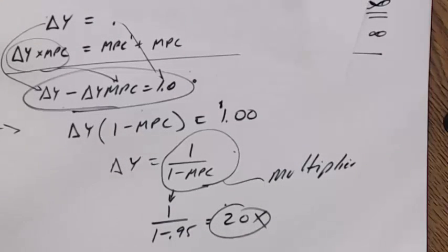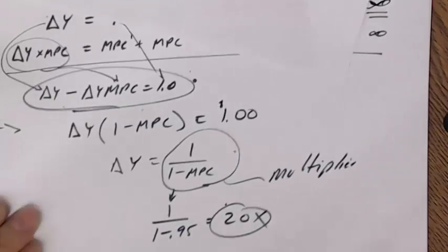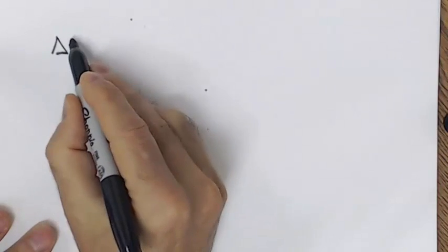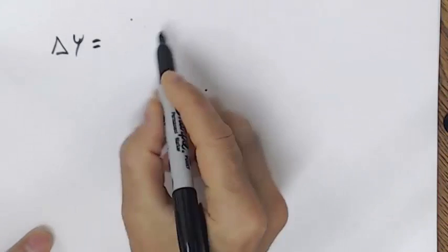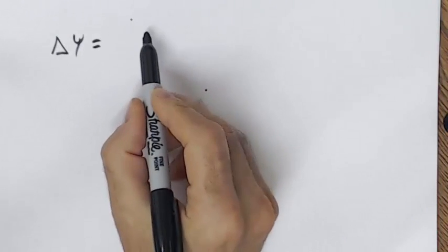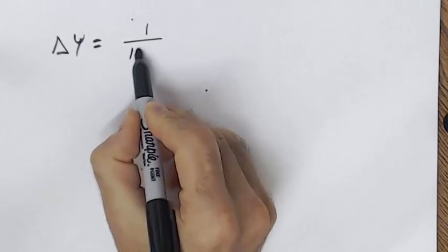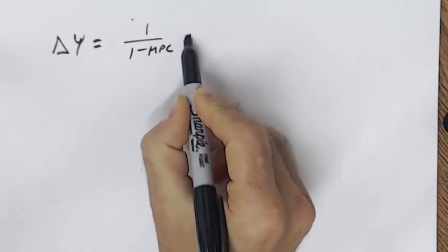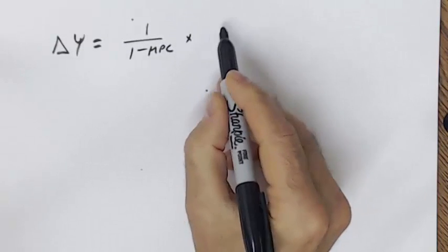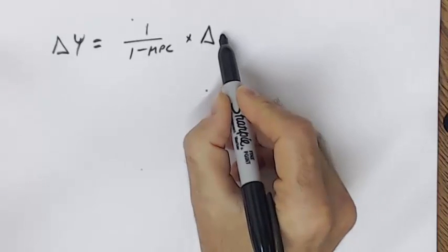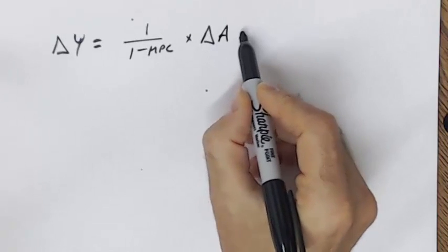And so the way we're going to write that out is this way. We're going to have the change in y, in income, equal 1 over 1 minus MPC times the change in autonomous expenditures.